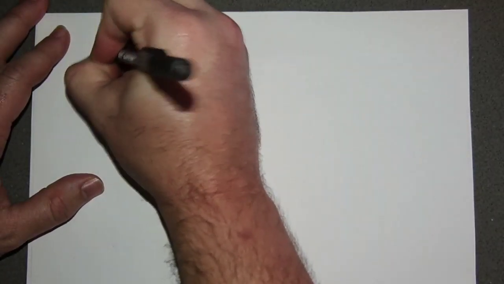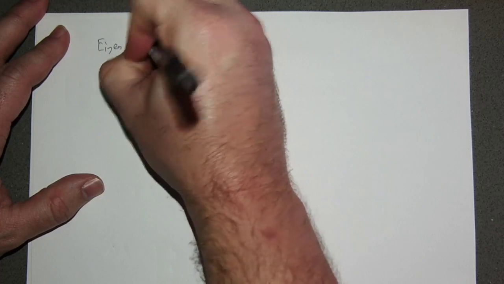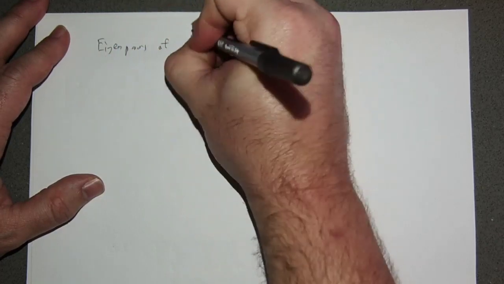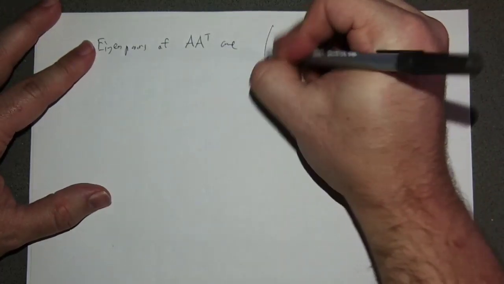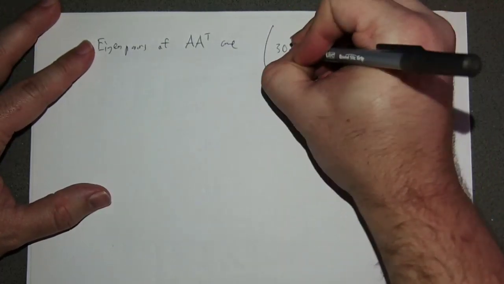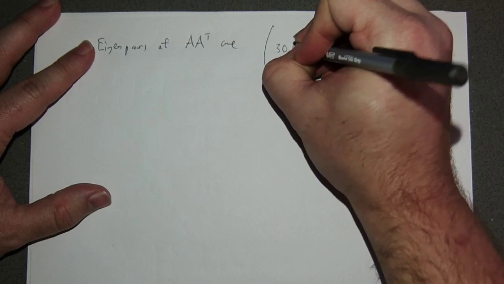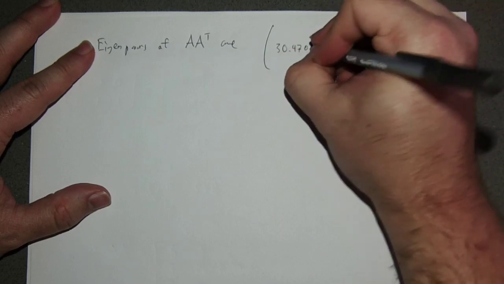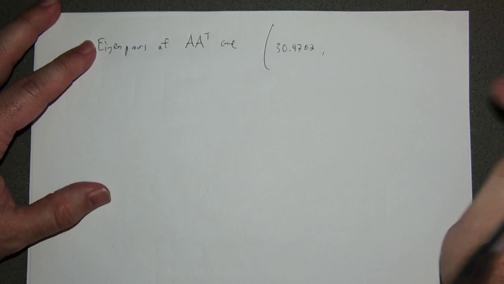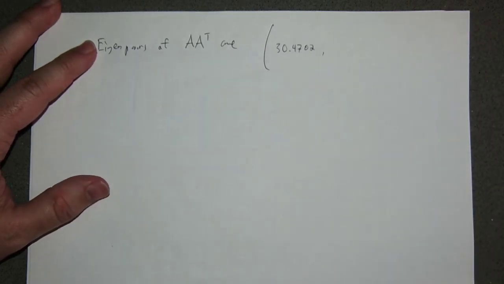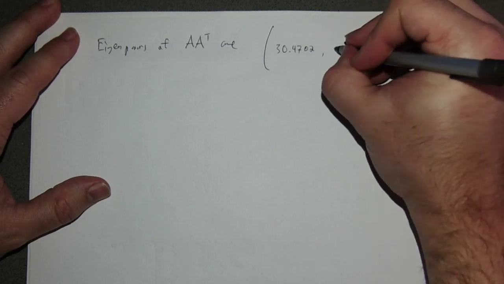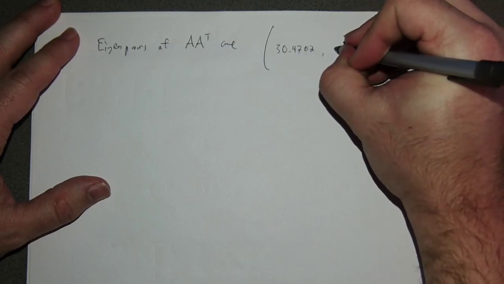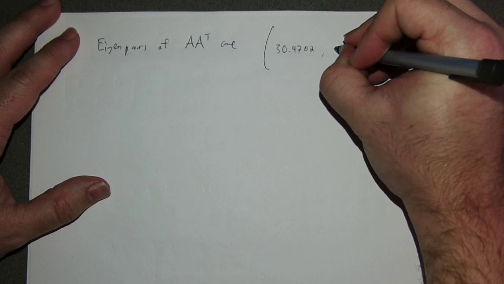So the eigenpairs of AA transpose are, I get 30.4702 and some vector that I will call U1, because I'm going to list these in decreasing order.